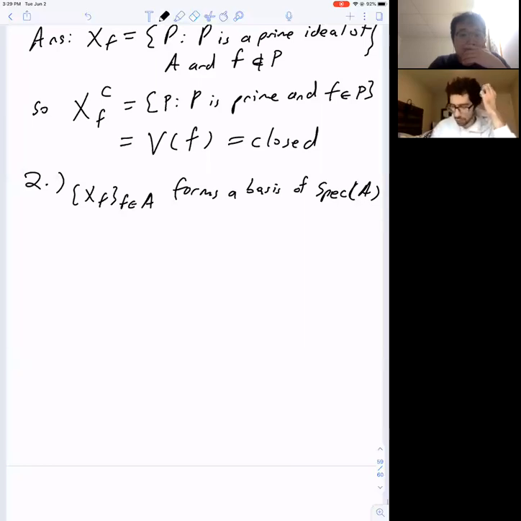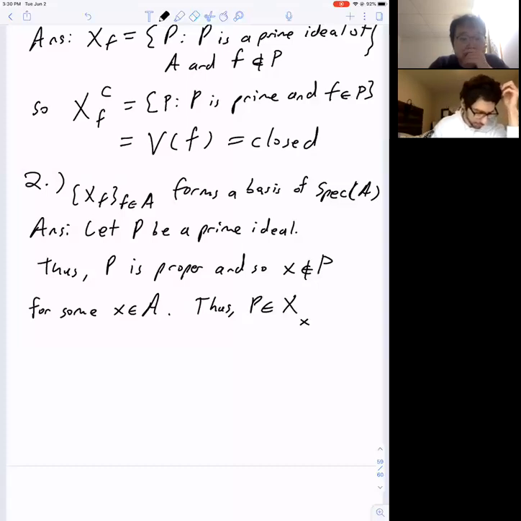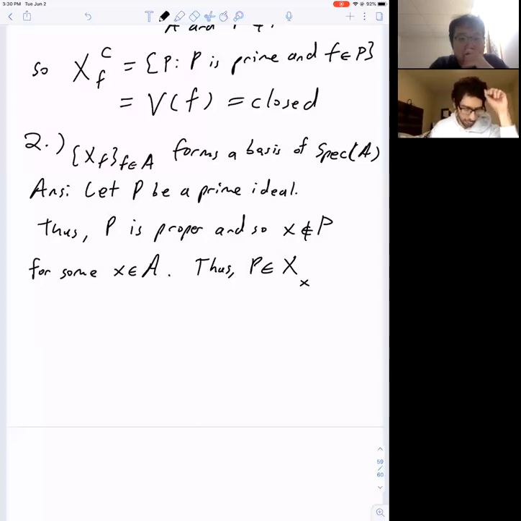First of all, we need to prove that each prime ideal lies in a set of the form X sub F. So if P is a prime ideal, then P is proper, and so X is not in P for some X in A. Thus, we have that P is in X sub X. And then let's see how to prove the intersection aspect of a basis of open sets, but that's already the third question.